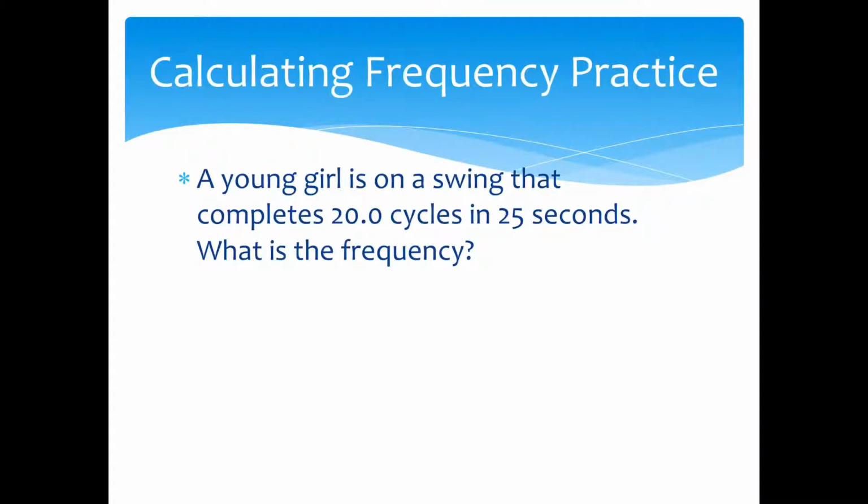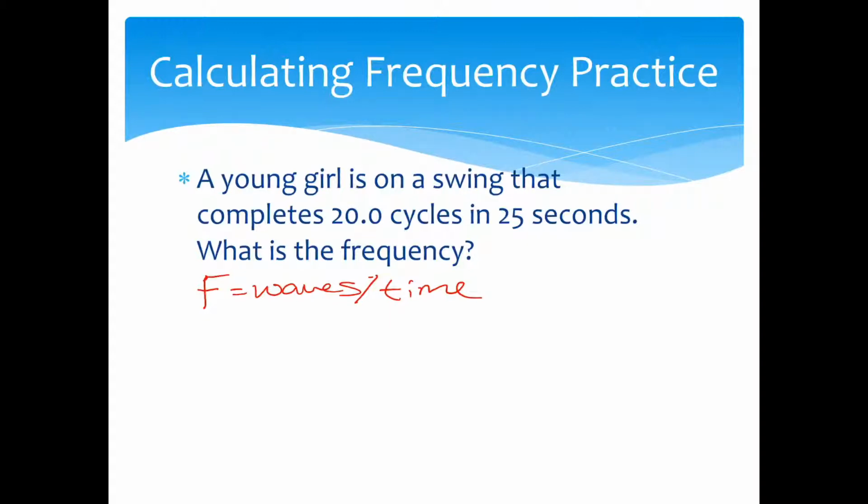Now we're going to do some examples of calculating frequency, and we need to use the equation frequency equals waves divided by time. Let's try the first one here. A young girl is swinging on a swing that completes 20 cycles in 25 seconds. What's the frequency?